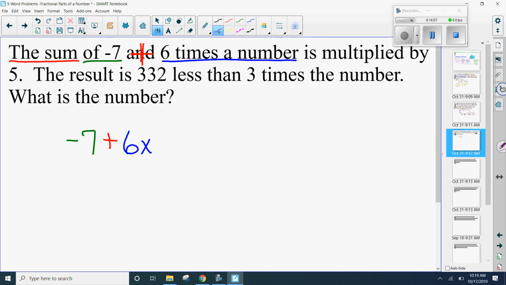Well, now we got this little thing again. It is multiplied by 5. What's multiplied by 5? The sum is multiplied by 5. So as you kind of read it, it says the sum is multiplied by 5. So what sum?